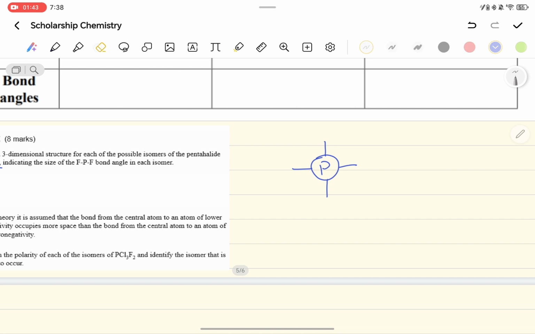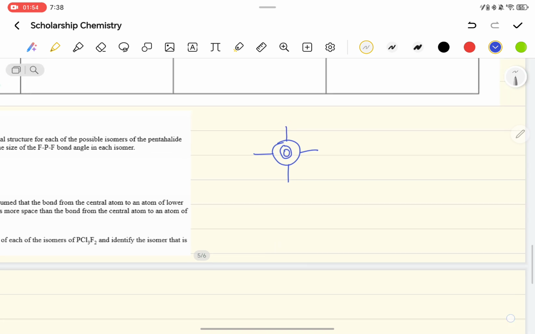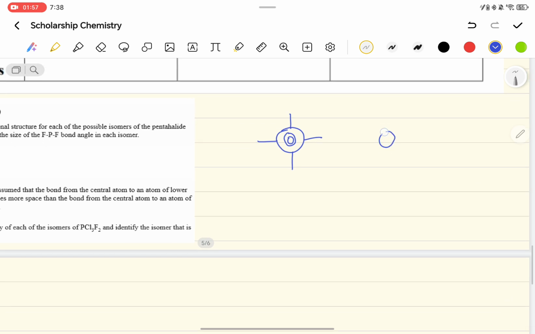There will be one above and one below. Now, if we look in plane, it looks something like this. This is the central atom. There will be one above and one below.